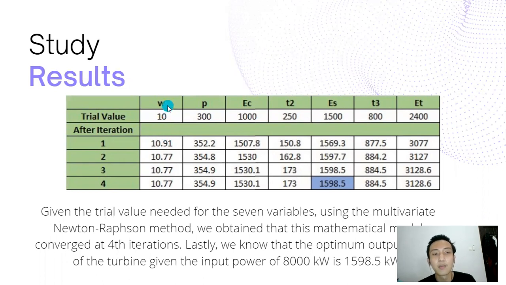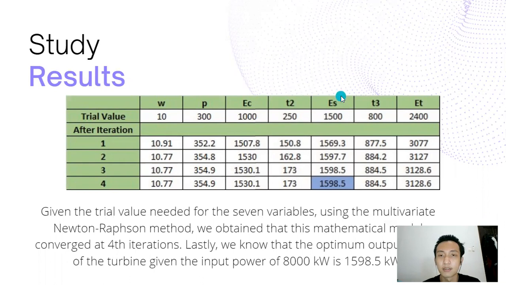For the mass flow rate variable, I'm using the trial value of 10 kilograms per second. The pressure is 300 kilopascal. Energy transferred by the compressor I'm using 1000 kilowatt. The temperature at point 2, after the compressor, is 250 degrees Celsius.